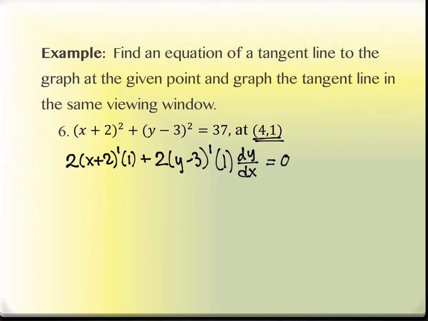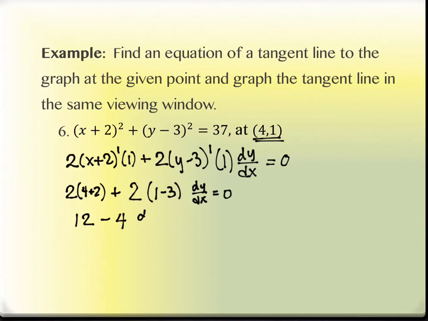So this is 2 times 4 plus 2, plus 2 times 1 minus 3, times dy dx. Things collapse really nice and easy because I didn't have to find dy dx directly. So 4 plus 2 is 6 times 2 is 12, plus 2 times negative 2, so that's negative 4 dy dx equals 0.